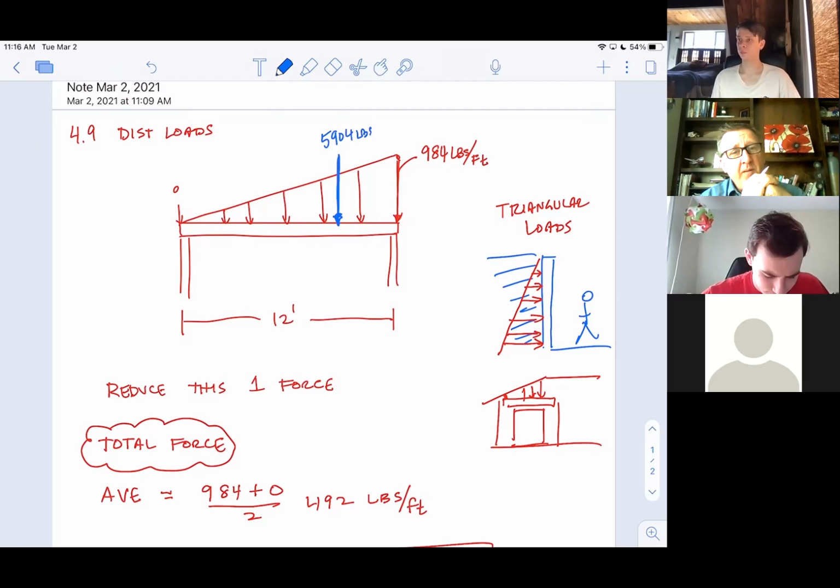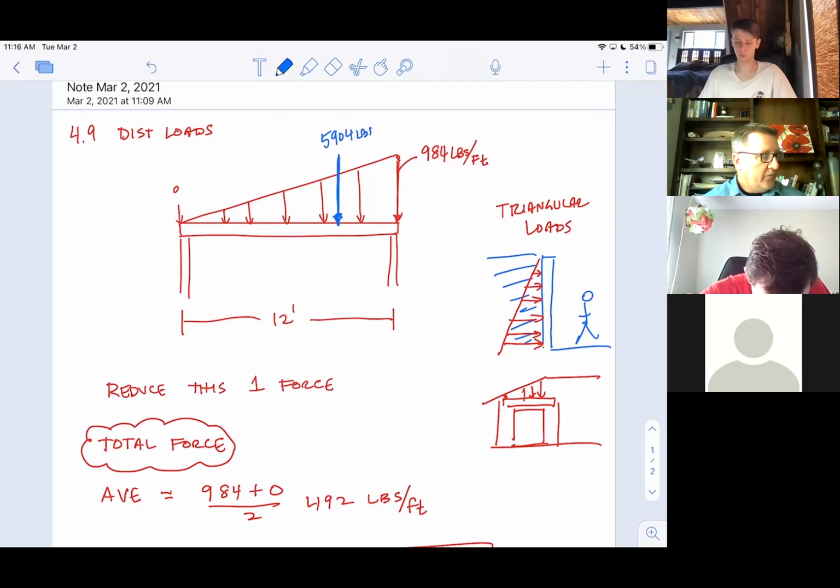So here's one of the big problems we got to have with distributed loads, because we can't work with thousands of arrows. We got to reduce it to one. Well, we just reduced it to one. But the question is, how are we going to get it? How are we going to locate it? How are we going to know where it actually goes? That's the problem.